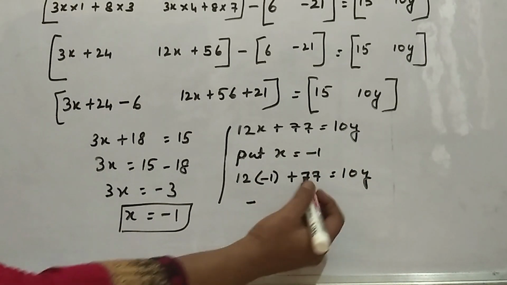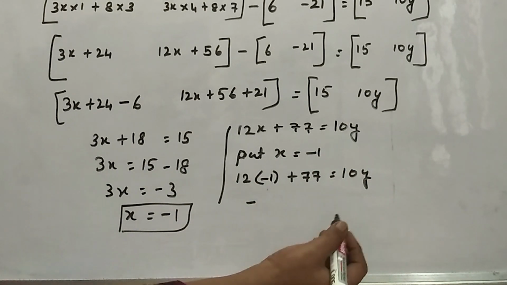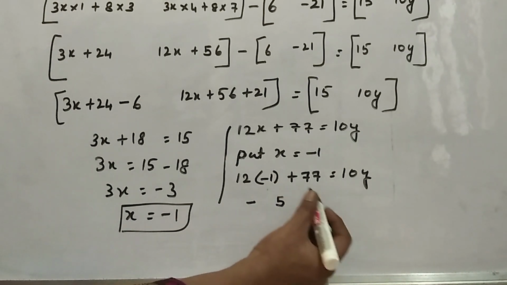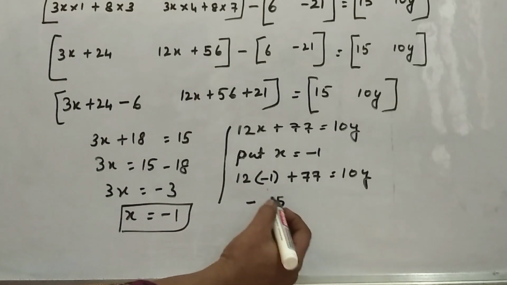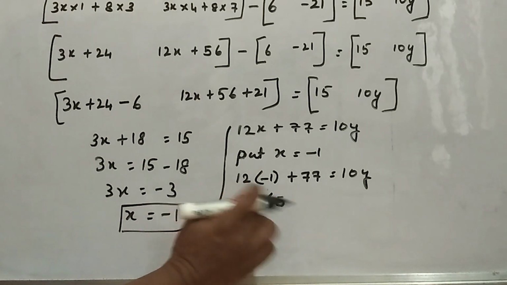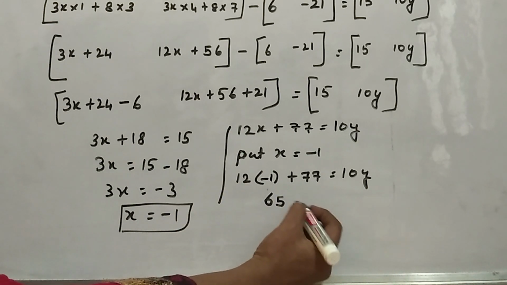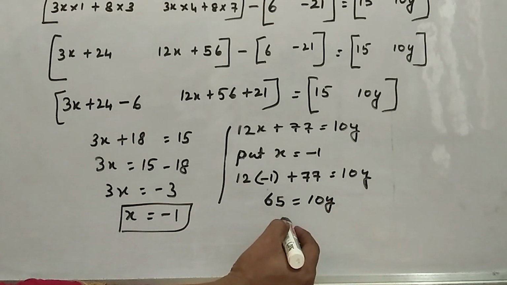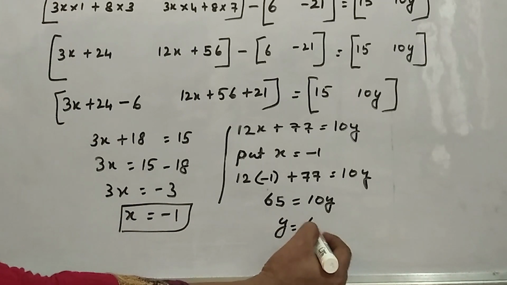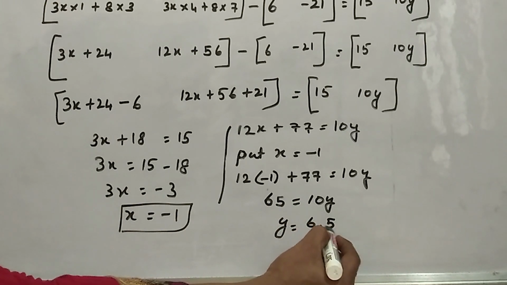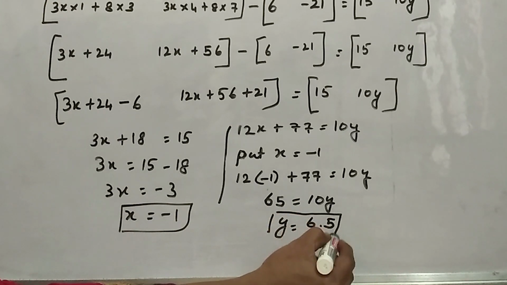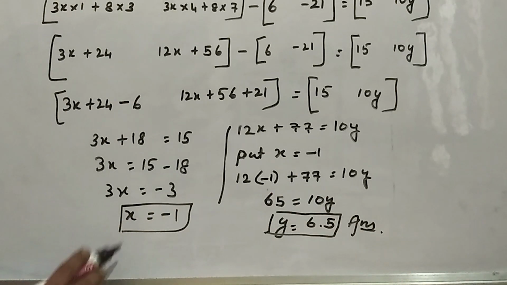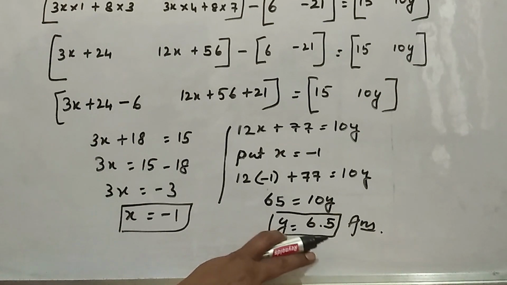Then minus 12 plus 77: 7 minus 2, 5; then 7 minus 1, 6. Okay, 65 is equal to 10y. Then y is equal to 6.5. Answer: x is equal to minus 1, y is equal to 6.5.